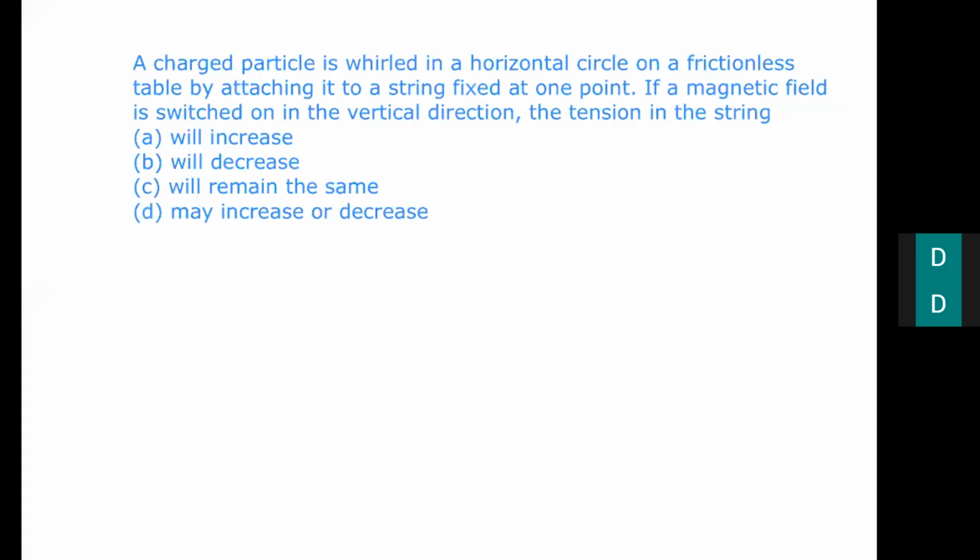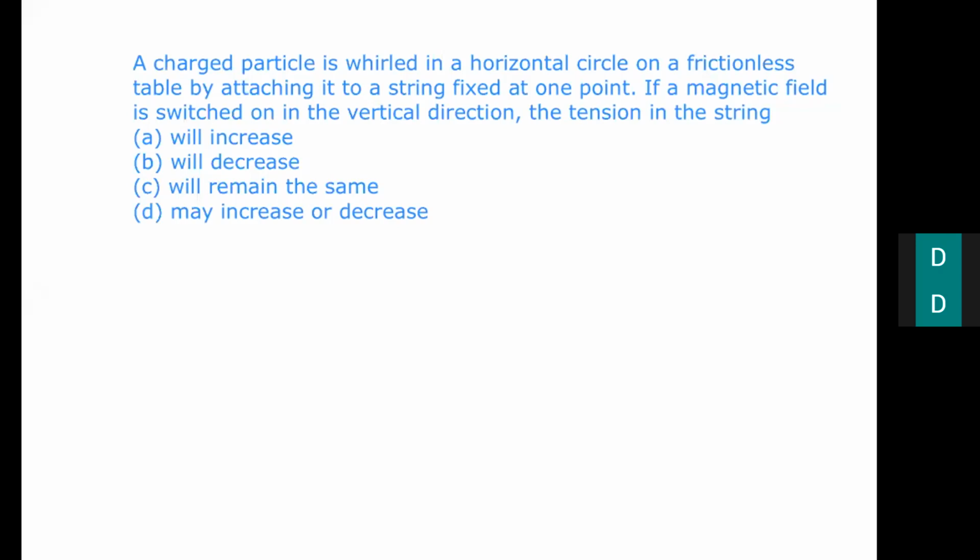The question given to us here is: a charged particle is whirled in the horizontal direction on a frictionless table, attached by a string fixed at one point. The magnetic field is switched on in the vertical direction. What will be the tension in the string?